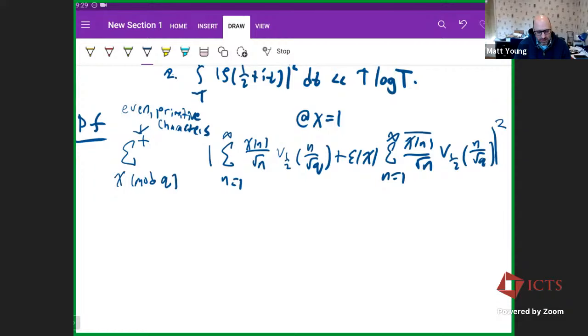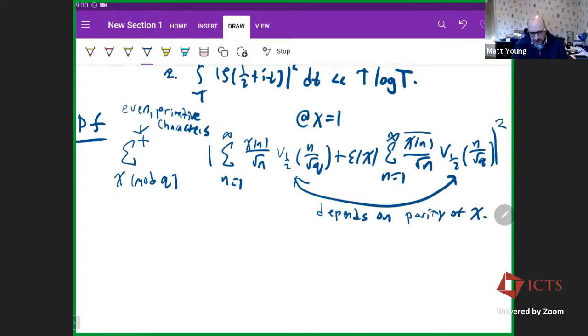And then why did I want even characters? I could restrict to even or odd characters, and we'll basically get the same thing. But this V function, which we're evaluating at a half because we're trying to bound the moment at a half, depends on the parity of chi.